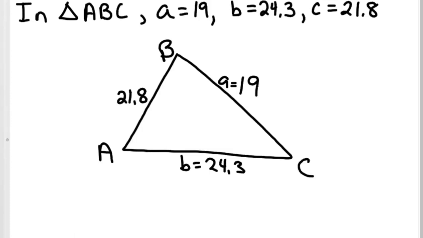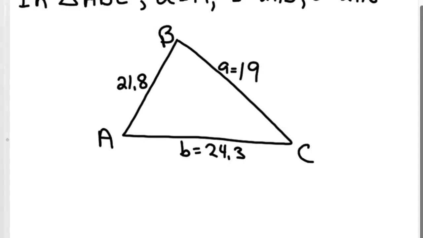When you're doing these, I'm only going to show you how to find one of the angles. We'll just stick to the law of cosine here. We always find the biggest angle first. On some of your other platforms, it doesn't matter. Whatever they have you find, you just find it, and it's generally the correct answer.